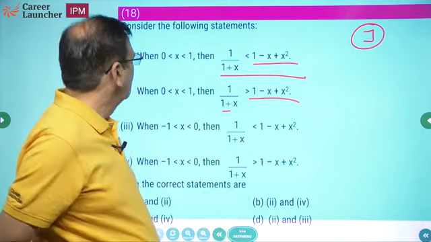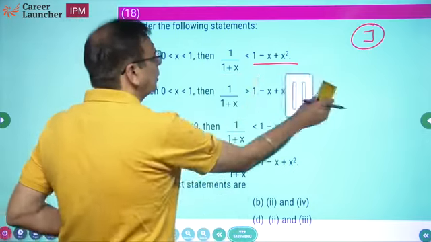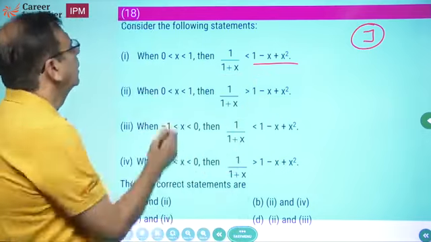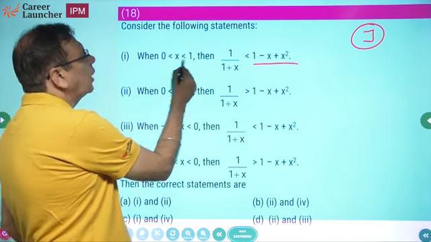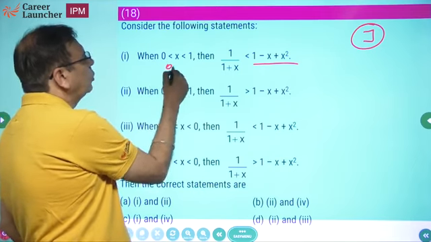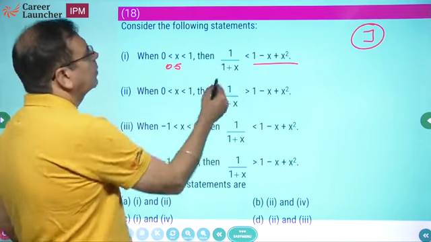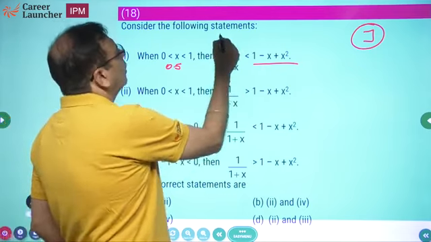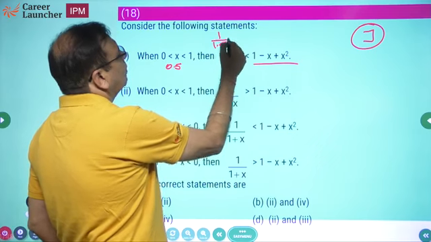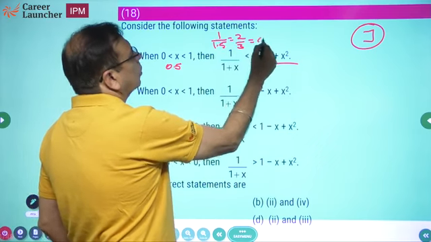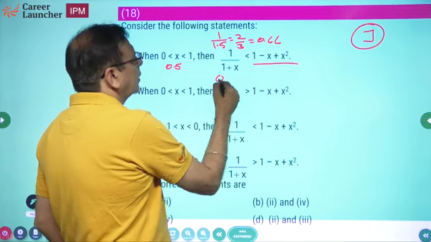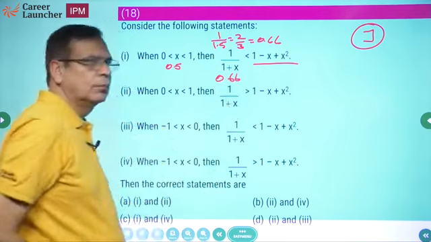Okay, let's see. So let's put a value. Take a convenient value in this range. Let me take x equal to 0.5. If x is 0.5, what does this become? 1 upon 1.5. 1 upon 1.5 is equal to 2 by 3 equal to 0.66. So left hand side becomes 0.66. Right?